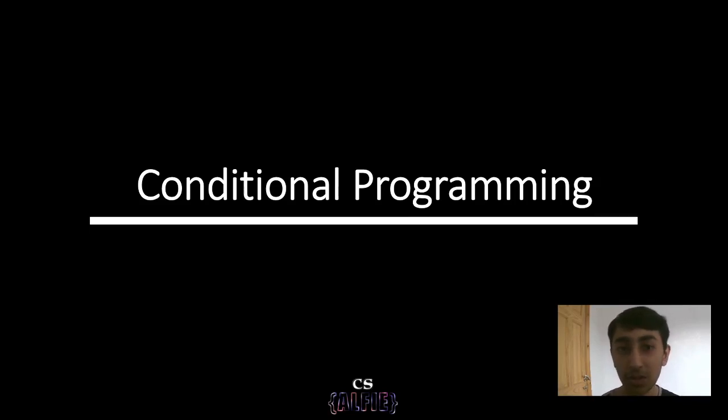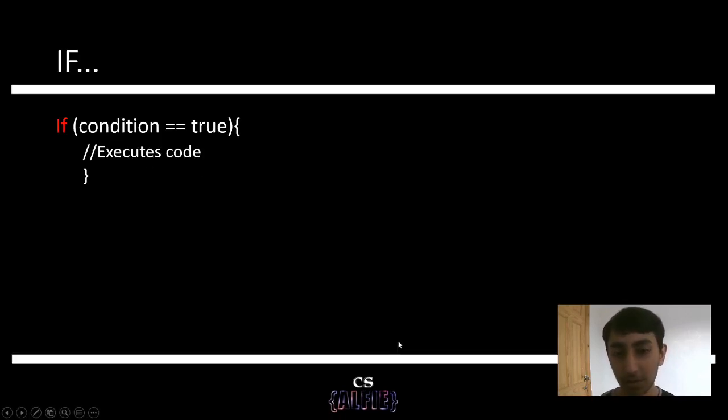In this section we are going to be looking at conditional programming, and for the first part we are going to be looking at if statements. Okay, so how do we do an if statement? We write if, and in brackets we write the condition.